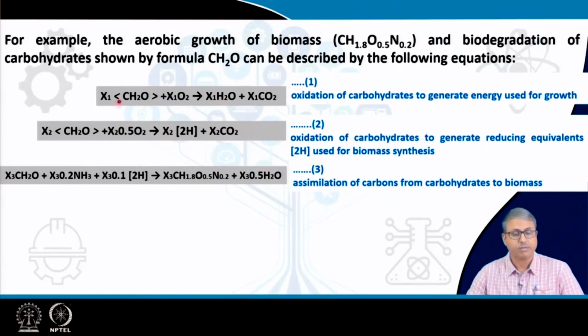In the second reaction, the oxidation of the carbohydrate molecule is achieved through the production of reducing equivalents, that is, electrons are released as the complex carbon is degraded to carbon dioxide, and these electrons are eventually received by the electron acceptors present in the cellular system, which we call reducing equivalents, like NADP or NADH, H plus.